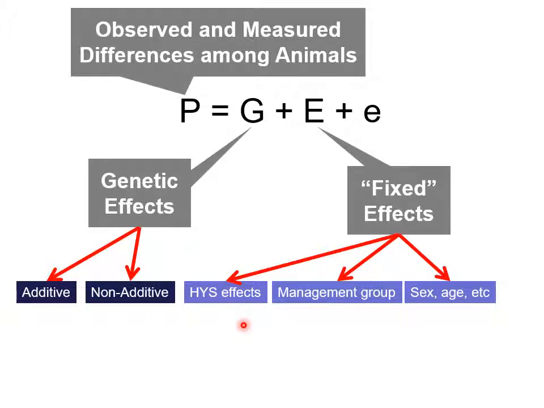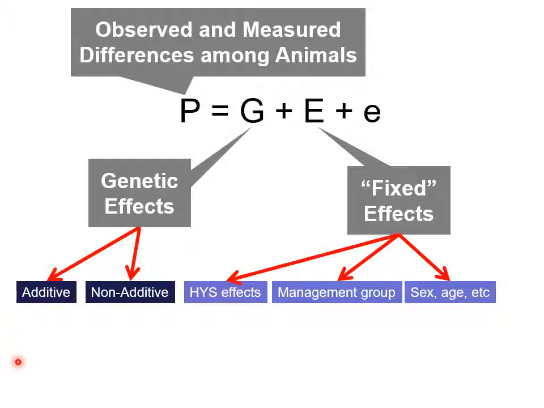So if we were to construct any models that will predict the genetic merit of an animal, we must take cognizance of these so-called fixed effects or environmental effects, because that cannot be transferred to the next generation. Only the genetic differences amongst the animals can be transferred. So within the genetic effects, it should be known to you by now that you would have the effect of additive genes, many genes, each with a very small effect.